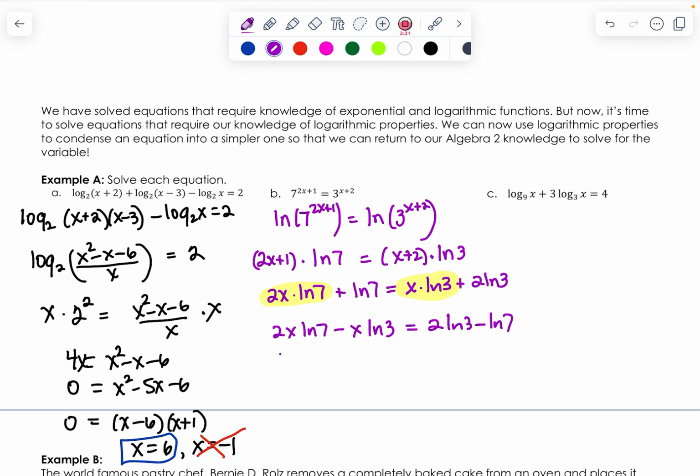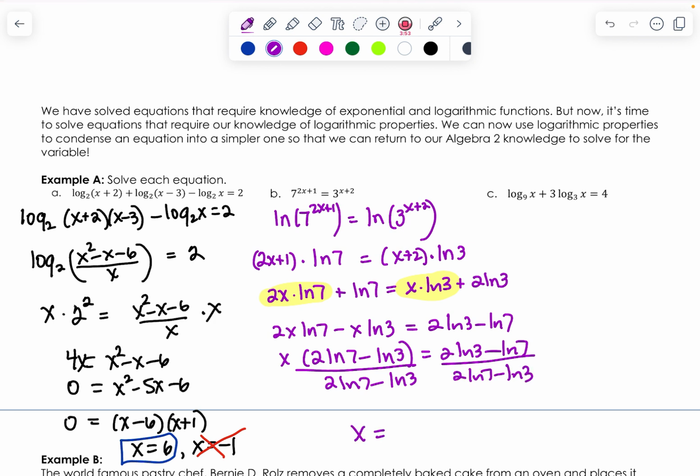From here, I'm going to factor out the x. I'm going to go with my calculator here. And then when I divide by 2 natural log 7 minus natural log 3, what I'm going to ask you to do is just punch that into the calculator, and I get 0.09.